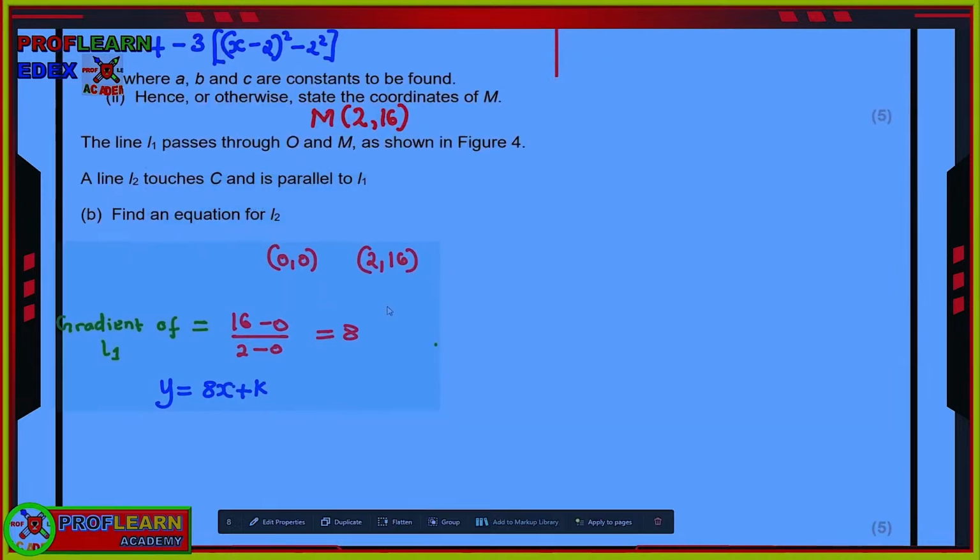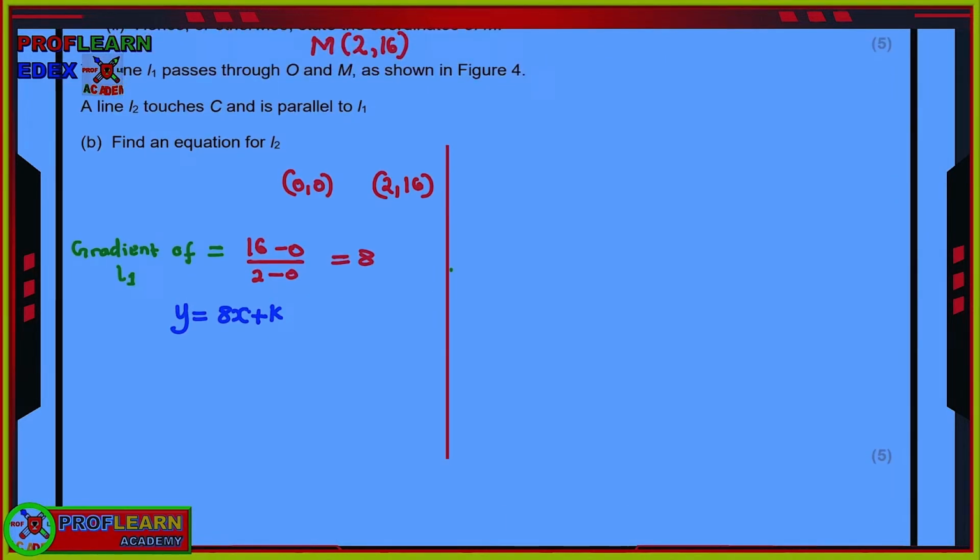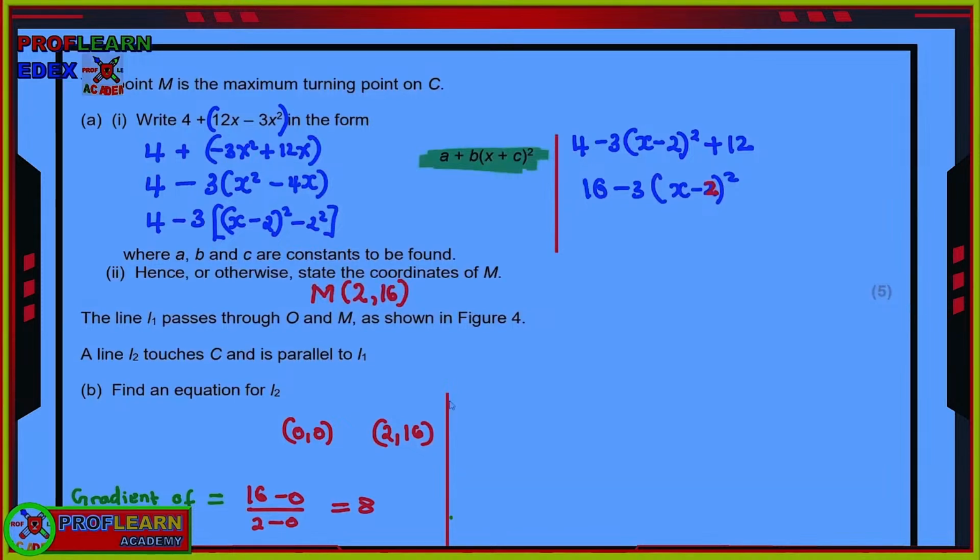Once we solve them simultaneously, we are going to work out the discriminant, and the discriminant will be equal to 0. If a line is touching a curve at one specific point, it means the discriminant is equal to 0.